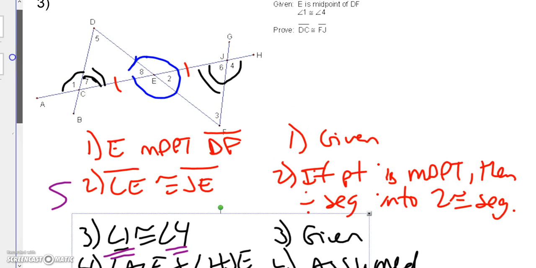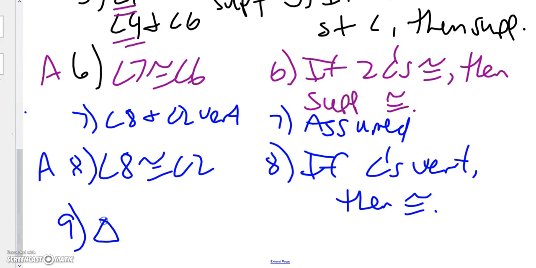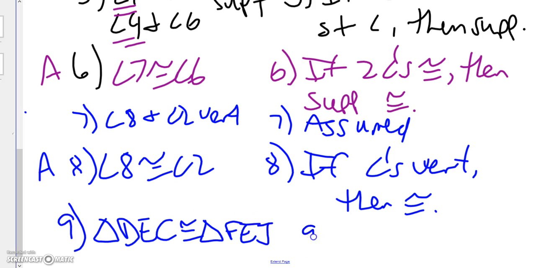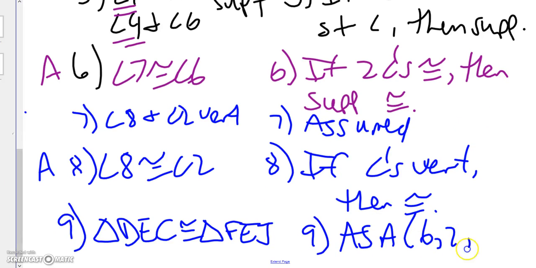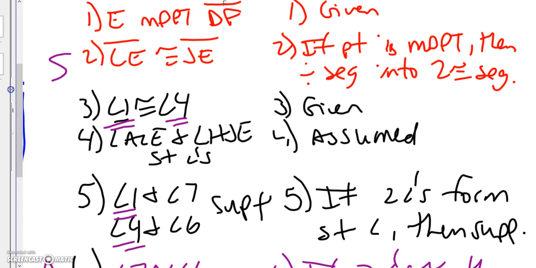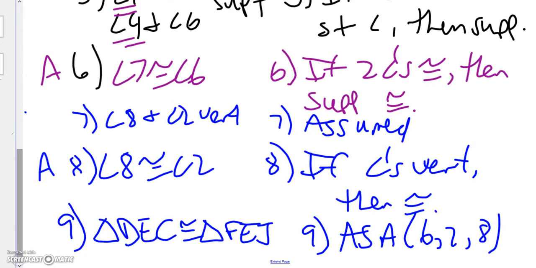I now have enough information to say they're congruent in the order I have is angle to angle. So I can say that DEC and FHA. And the steps I got for that were 6 to 8. Now that I've said the triangles are congruent to each other, I can say that my leftover parts are congruent by CPCTC.